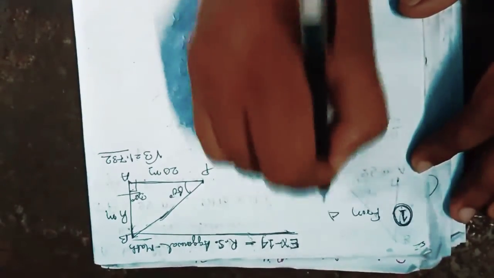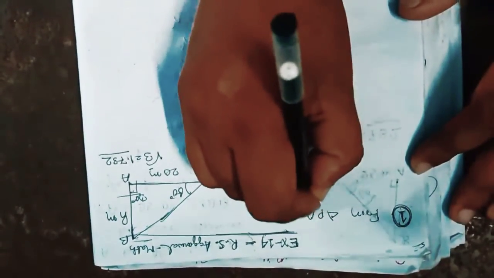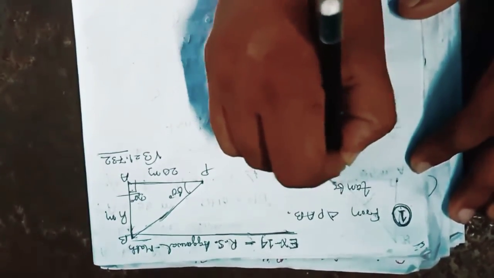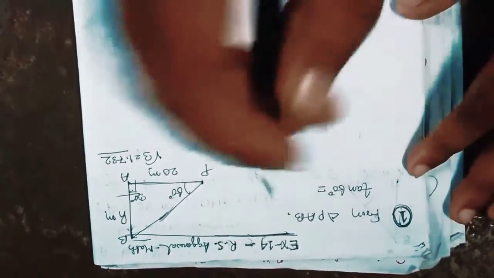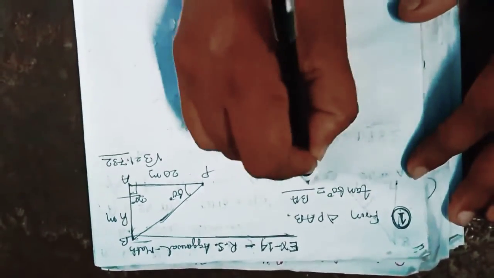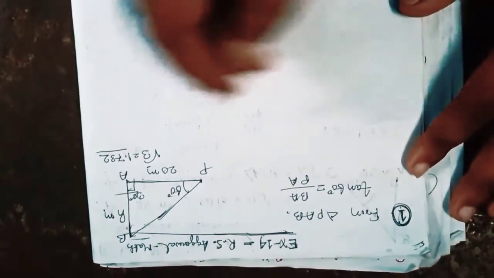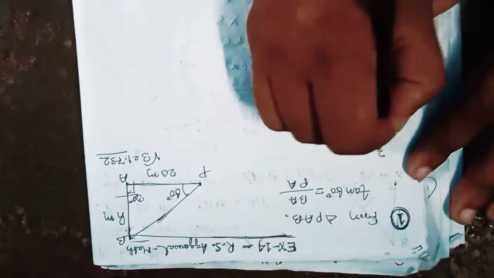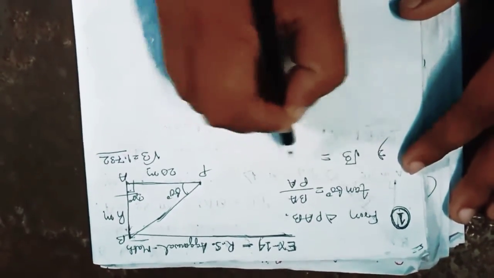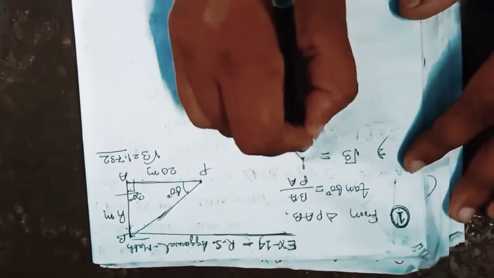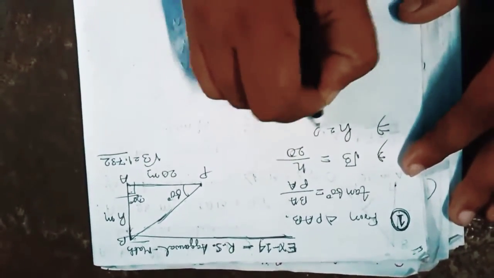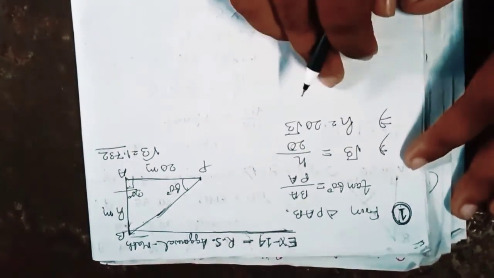So from triangle PAB we are writing that tan 60 degrees is equal to BA by PA, height by base. The value of tan 60 degrees is root 3, that equals BA, meaning H, and PA means 20. So H is equal to 20 root 3.